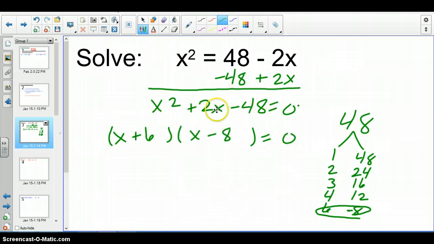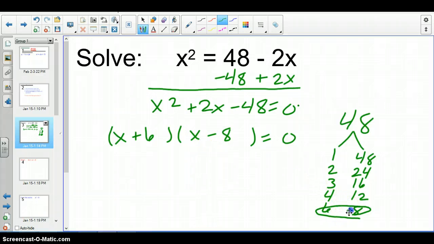So that's how we factor. We want to look at our c constant. We see it's negative 48. Well, let's just look at 48 itself. Find factors of 48 that are going to add up to positive 2, and when they're multiplied gives you a negative 48. So 6 times negative 8 is negative 48, and 6 plus a negative 8 is positive 2.